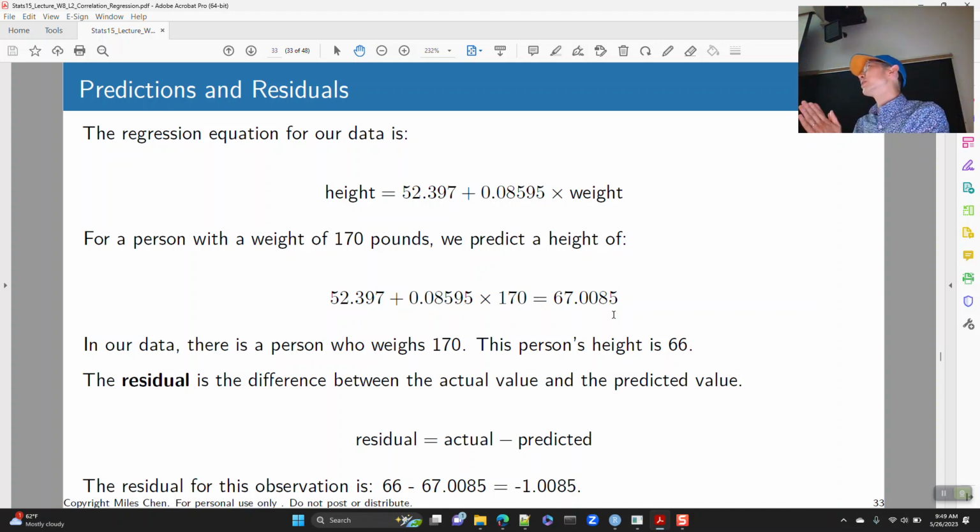On the other hand, if we're trying to predict someone's index finger length based on their middle finger length, you're probably going to see a very strong relationship, right? If you have two people with the same middle finger length, their index finger length will probably not vary too much, right?